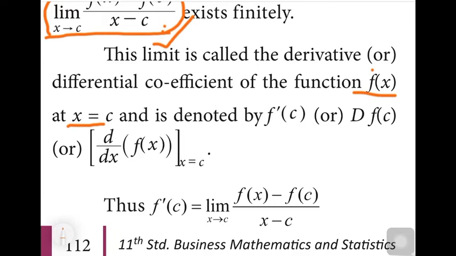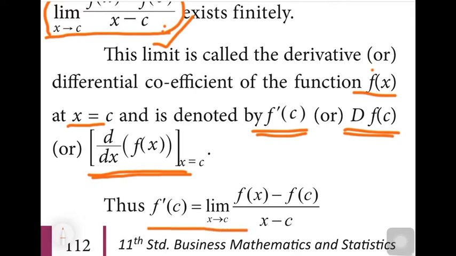It is denoted by f dash of c, or d by dx of f of x at x is equal to c. So f dash of c, the dash meaning the derivative, is equal to limit x tends to c, f of x minus f of c divided by x minus c.